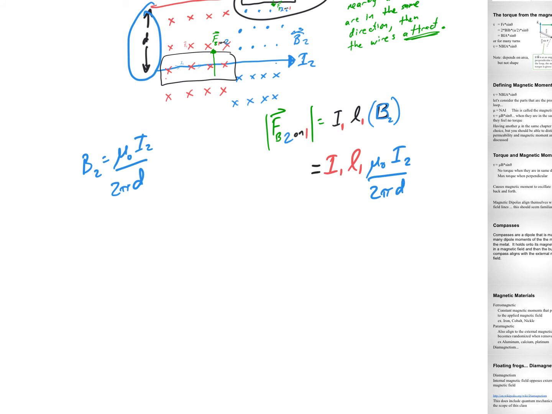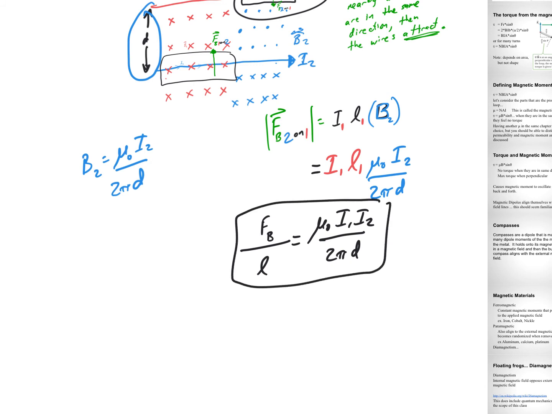This is usually written in a slightly different form, where the magnetic force per unit length is equal to mu naught I1 I2 divided by 2 pi d, if it's the magnitude of the force.